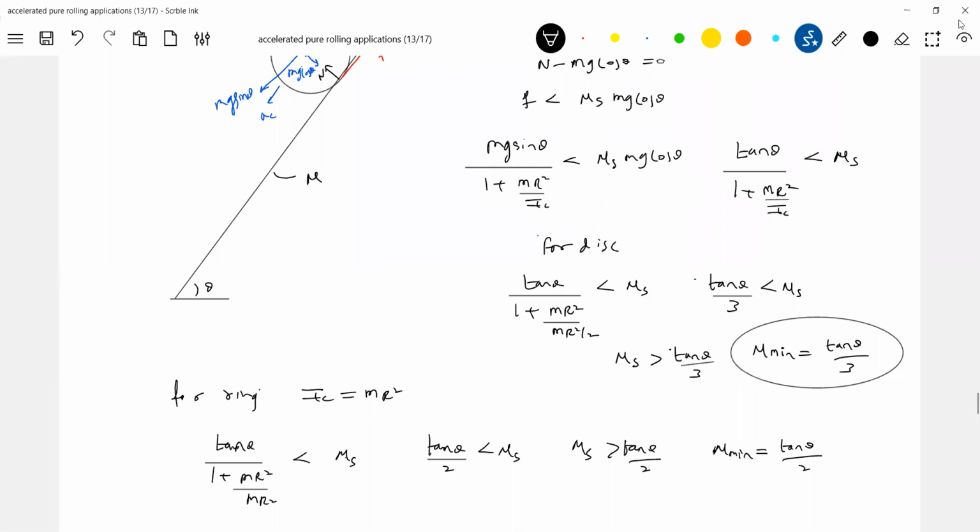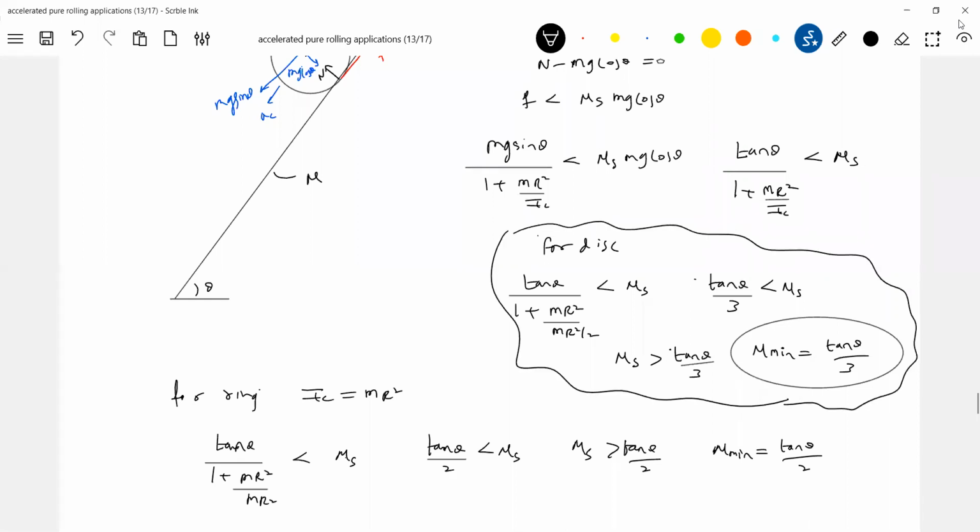Then I'll bring the same kind of rigid body, a wooden ring of mass m and radius r, and a wooden disc of mass m and radius r. What will be the requirement of mu minimum? For the disc it is tan theta by 3, and for the ring it should be tan theta by 2. I think that's a very strange thing, no?